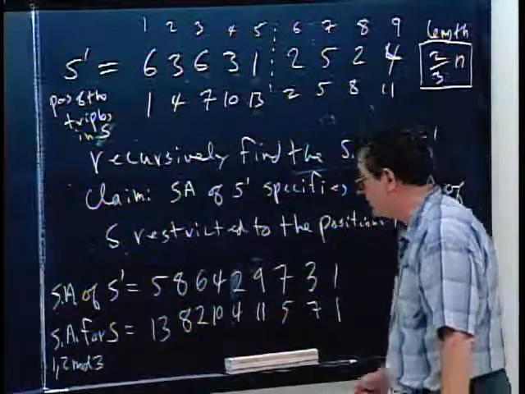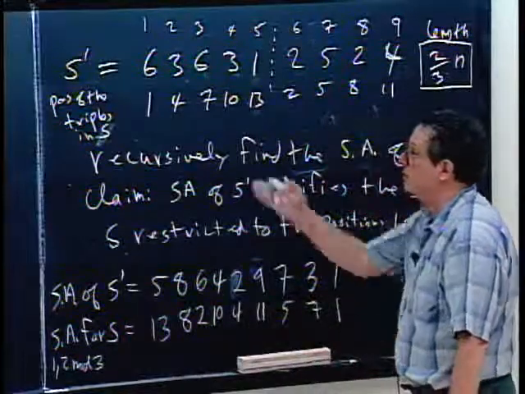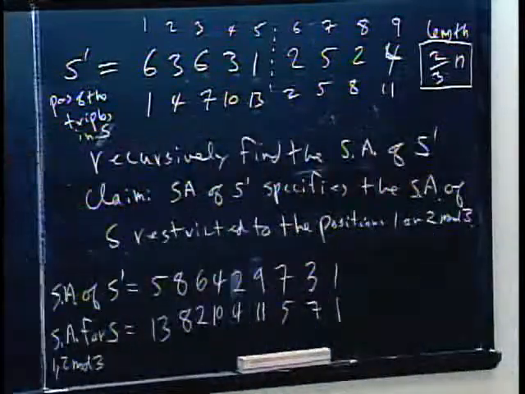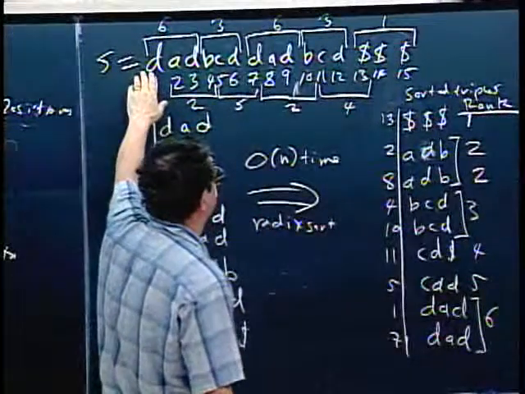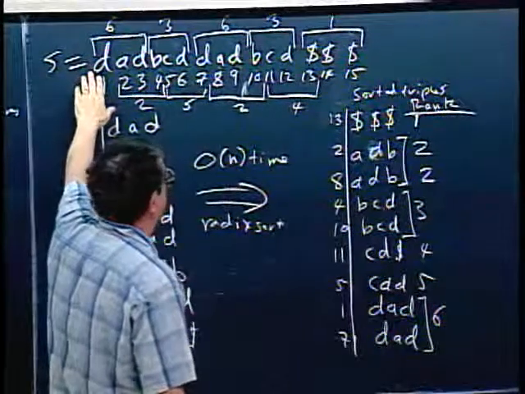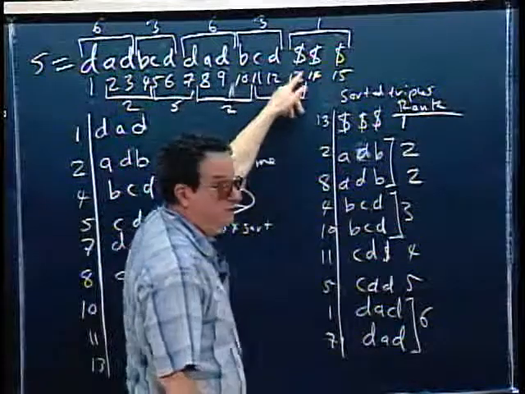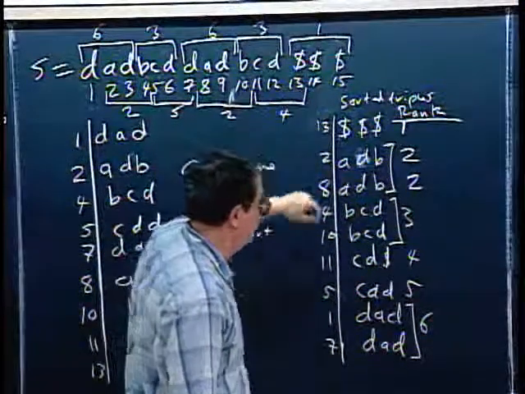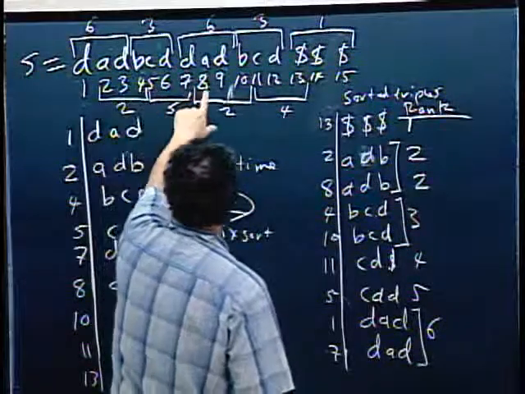Okay, and where do we have the suffix array? Well, I guess we never wrote down the suffix array for this particular example, but let's look back over at the string. Here's the original string. And let's look at the suffixes that begin at positions 1 or 2 mod 3. Certainly the smallest of them is at position 13. That begins the triple dollar sign. And the next one, we'll look at position 8. Where's position 8? That's here.